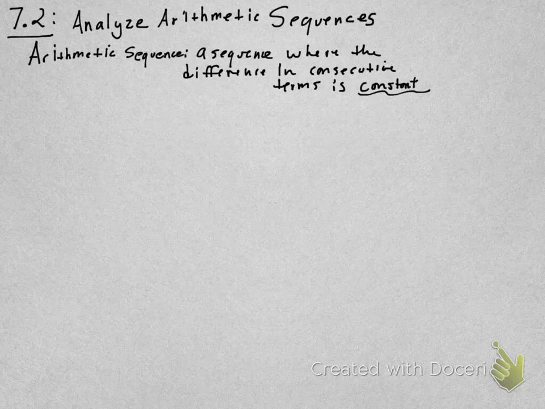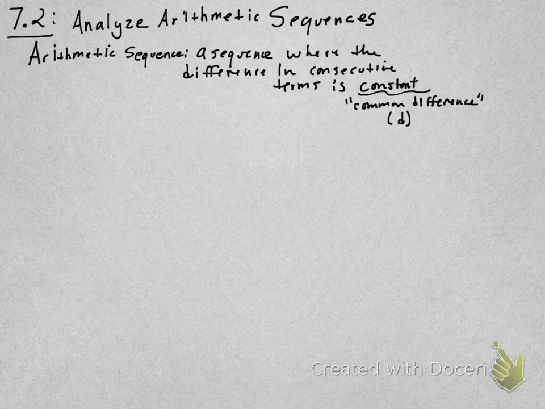That constant is called the common difference, and we use the letter D, or the variable D, to represent that common difference.